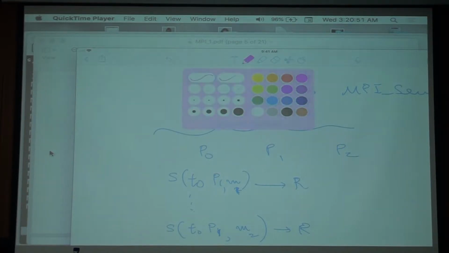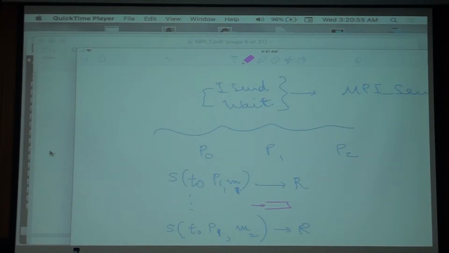That is called the FIFO ordering. So it is as if you are sending it through a FIFO queue so that the send order is preserved when you receive. So point to point non-overtaking is the idea. So later sends cannot be received earlier if it is between one pair of processes.